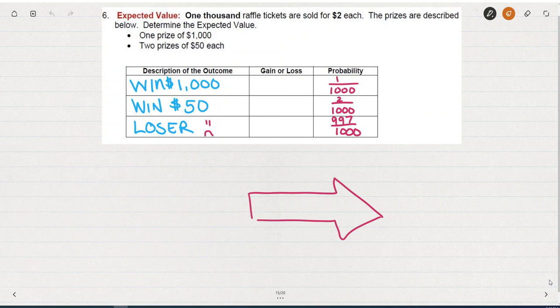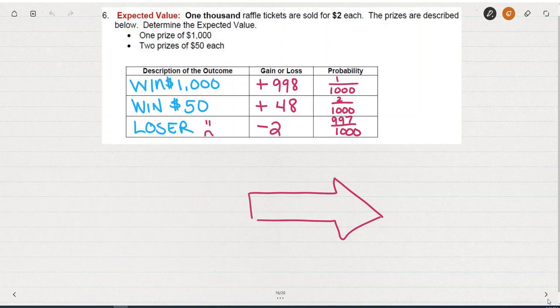Winning 50 has a probability of 2 in 1,000. And 1,000 minus the 3 winners leaves us 997 ways to lose out of the 1,000.